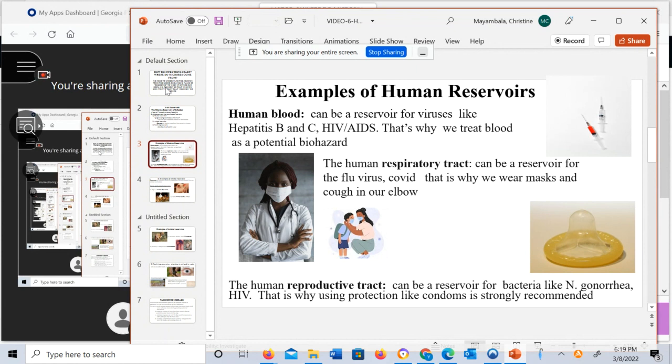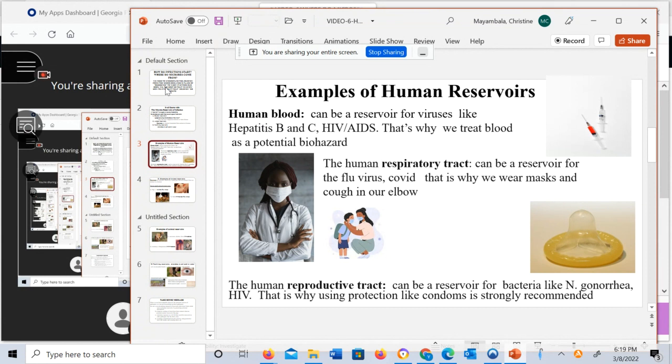Other human reservoirs could be the respiratory tract. Again, if you breathe in certain pathogens, the flu virus, COVID, that is why we're wearing masks and practicing social distancing, to reduce the exposure to those microbes that are reservoirs in the respiratory tract of some other people.